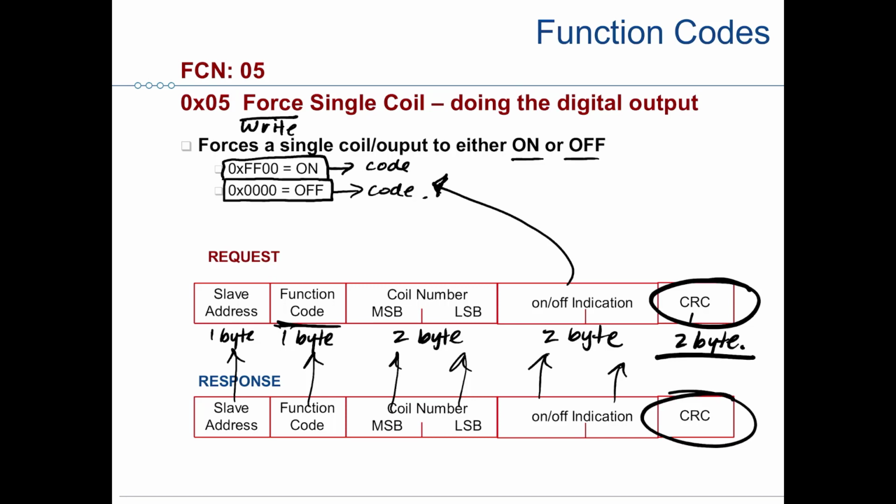Because think about it, because it's echoing back, all these 1s and 0s are going to be the same. So based on the fact all the 1s and 0s are the same, the CRC algorithm is going to give you the exact same calculated result. So this is an example where the CRC values will be identical from request to response.